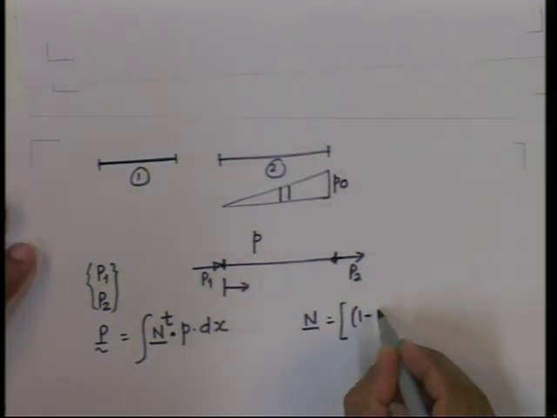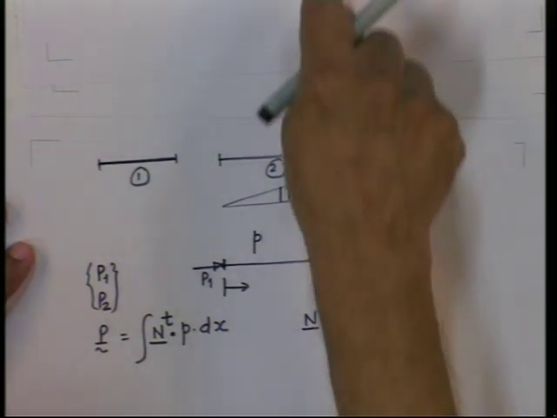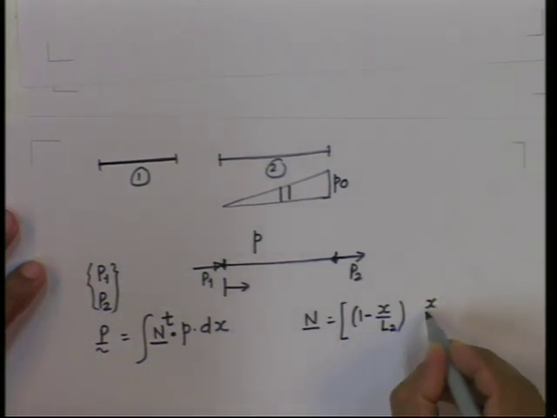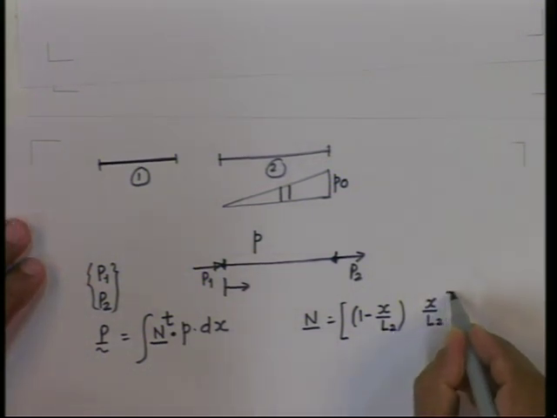It is 1 minus x by L2, and then x by L2, because this length is L2.